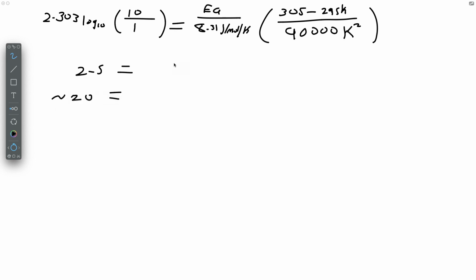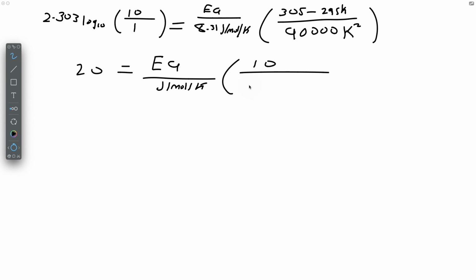So 20 equals EA over, remember, still joules per mole per Kelvin, times 10 over 90,000.